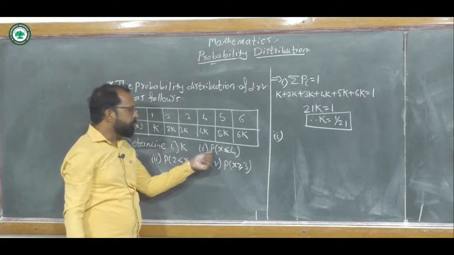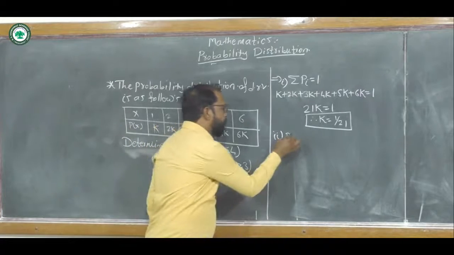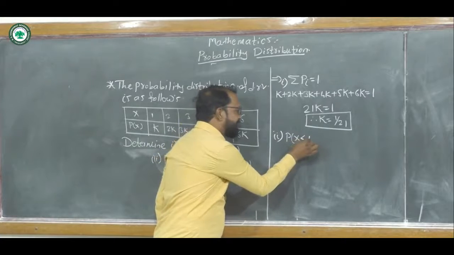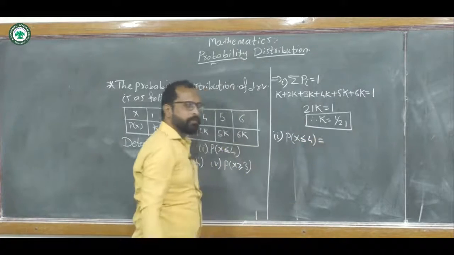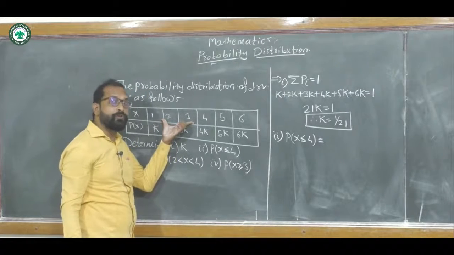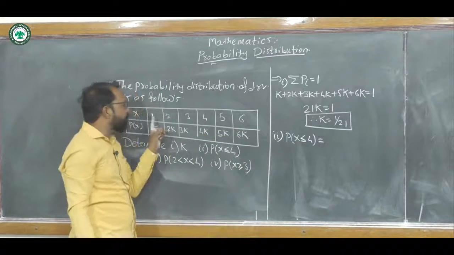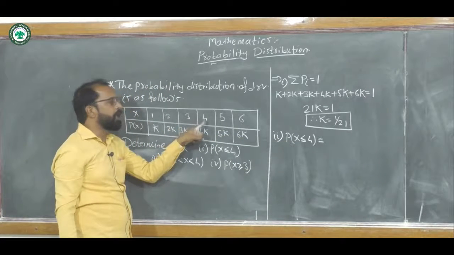Now next we have to find the probability that x is less than or equals to 4. Now observe from the table, the values of x which are less than or equals to 4 are 1, 2, 3 and 4.